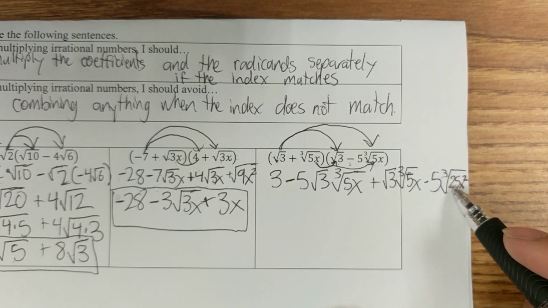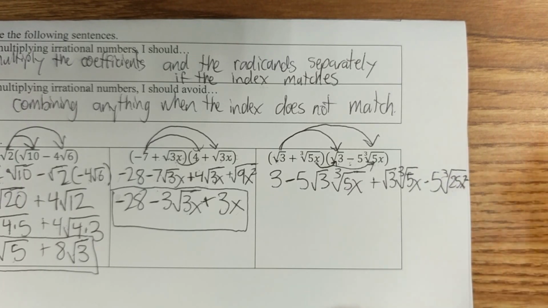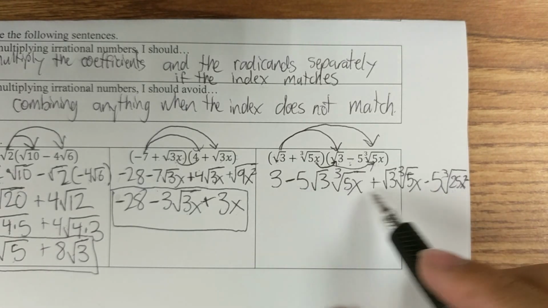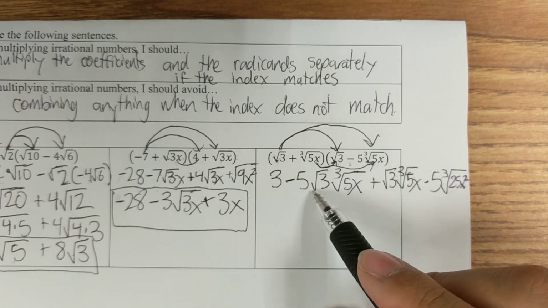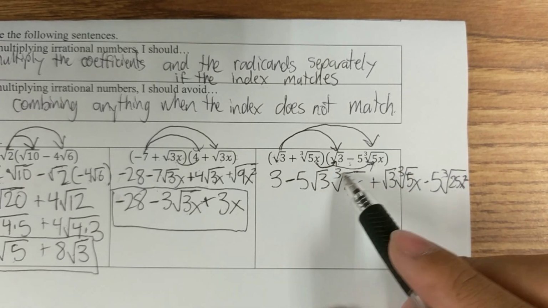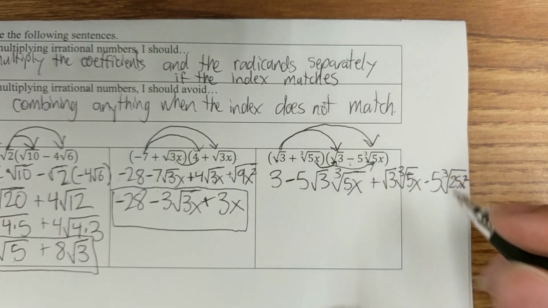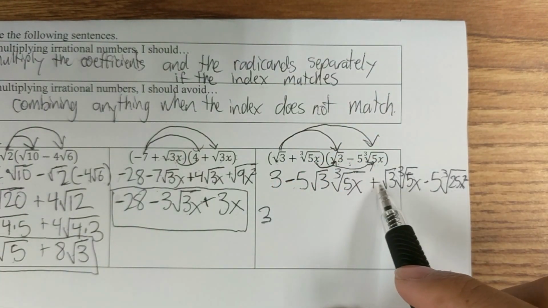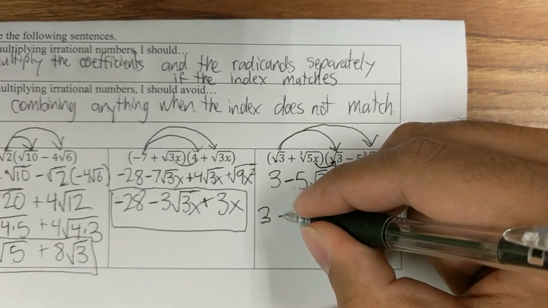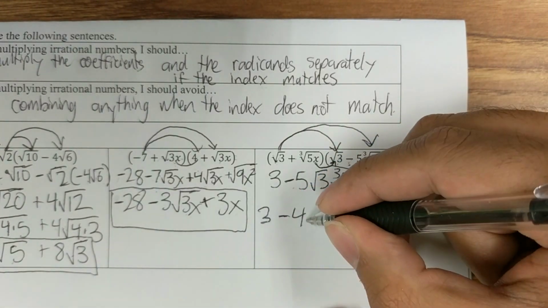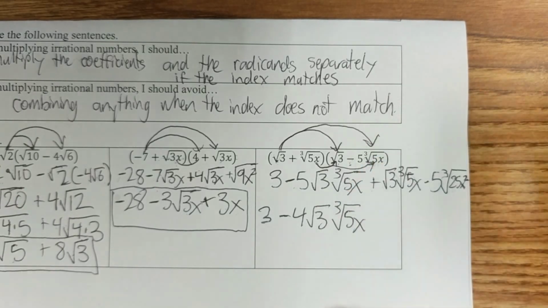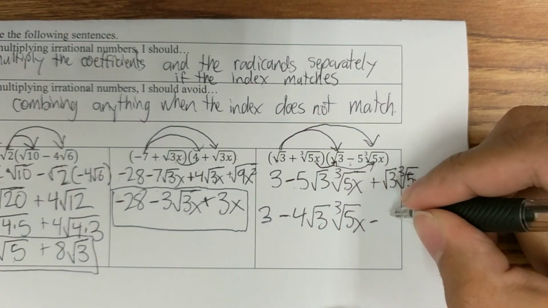So the cube root of 25 is not 5, so we can't do anything with this. Okay, so we can combine these middle two terms because the radicands and the indexes match. So here we have negative 5 of them, here we gain 1, but we're still at negative 4. And then we keep this whole thing. And then this part is separate.